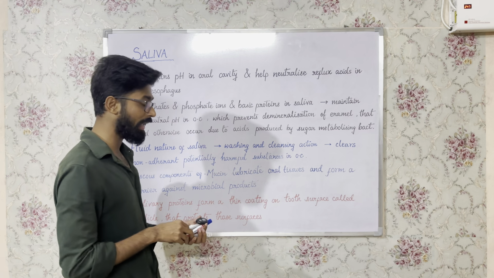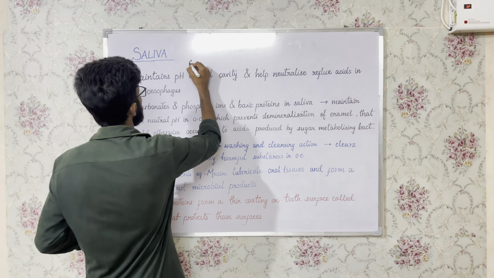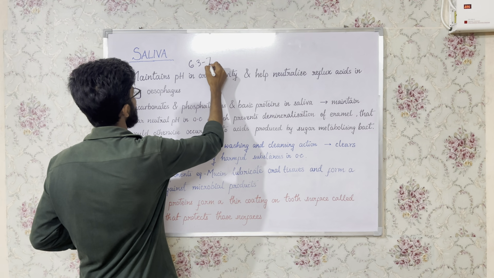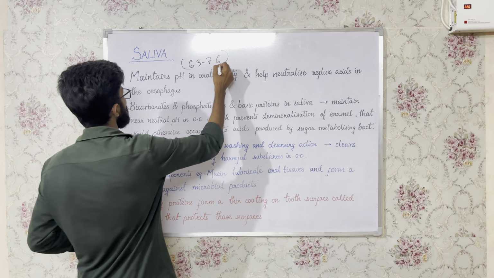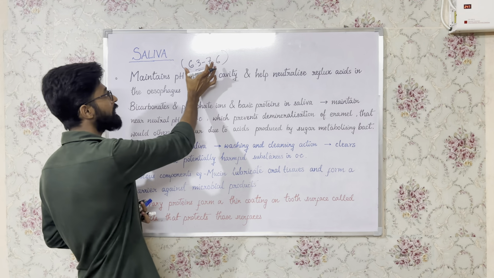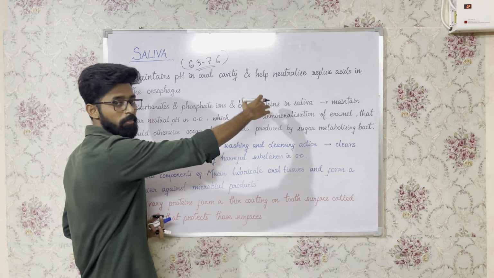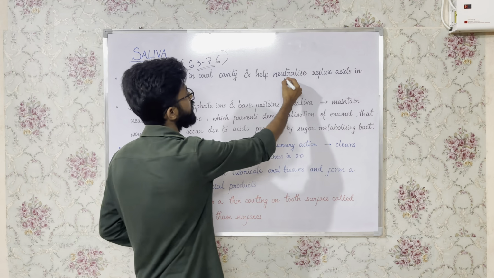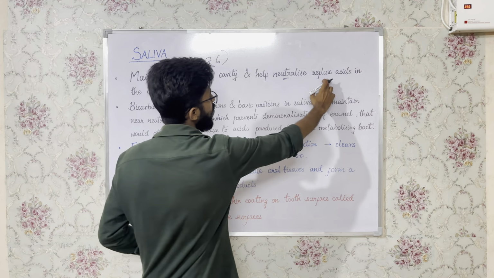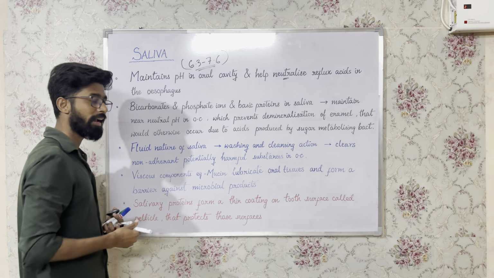So what is the pH of saliva? pH of saliva ranges between 6.3 to 7.6, right? This is the range of pH. So saliva maintains the pH of the oral cavity in this range, and it helps neutralize, means cancel the effect of all the reflux acids that are coming from the esophagus, right?